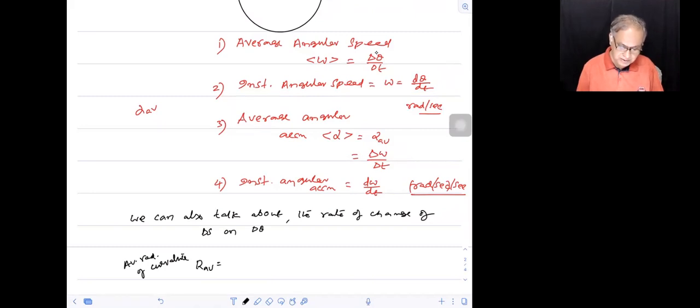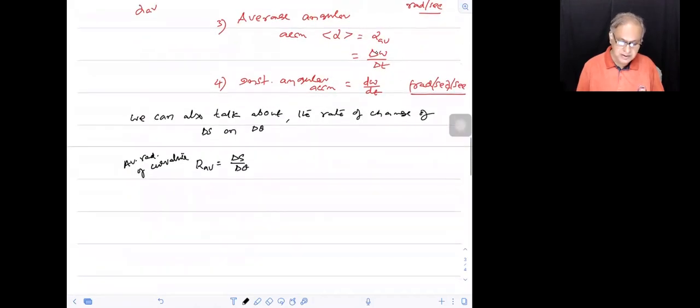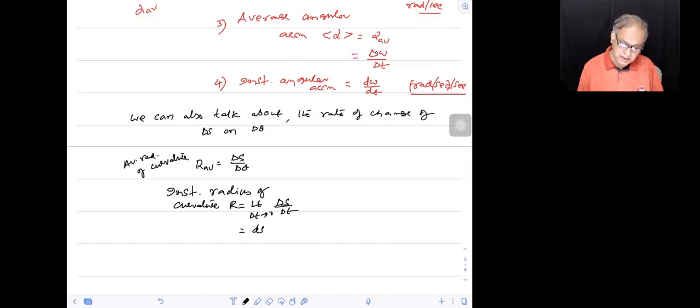R average is delta S by delta theta. Instantaneous radius of curvature will be R equals the limit of delta S by delta theta as delta theta tends to 0, which will be termed as dS by d theta.